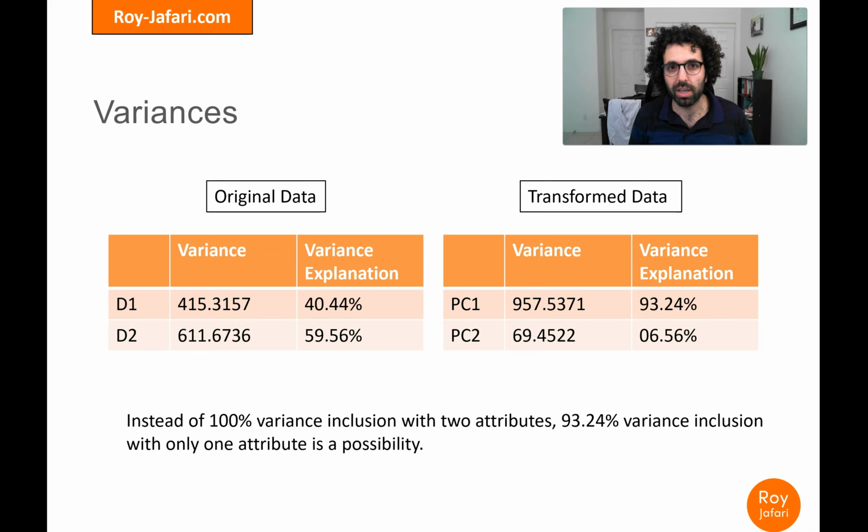If it's really important for us to have a reduced number of attributes, then we make this compromise by letting go of some of the information, while keeping most of it, with fewer attributes.